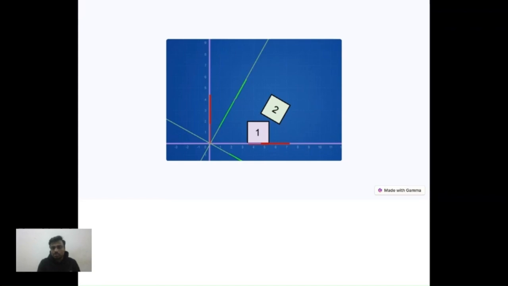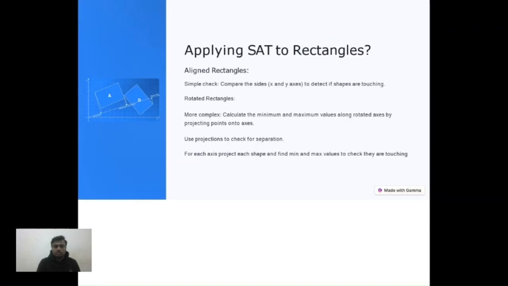When we take projection on the rotated axis, here we can see in green color the projection of 1 and the projection of 2. There is a gap between both projections, and we can easily draw a line that separates box 1 and box 2 along that rotated axis. So this was the explanation of how we handle complex shapes: we take projection on the rotated axis to determine whether a separating axis exists or not.